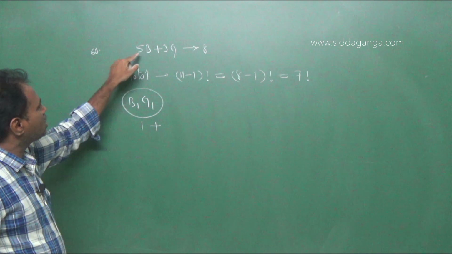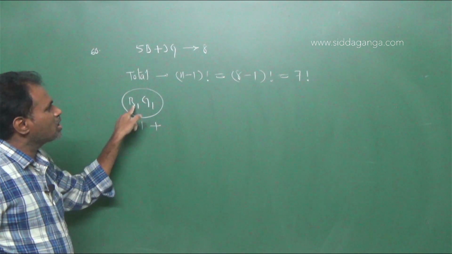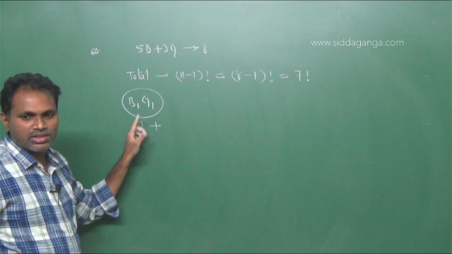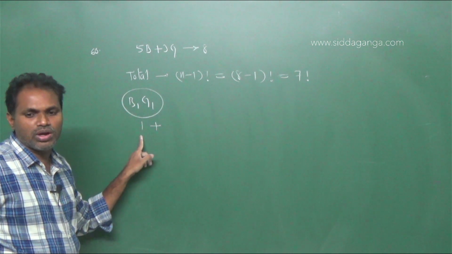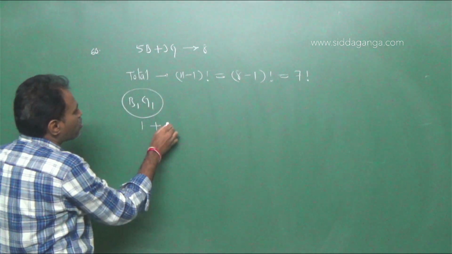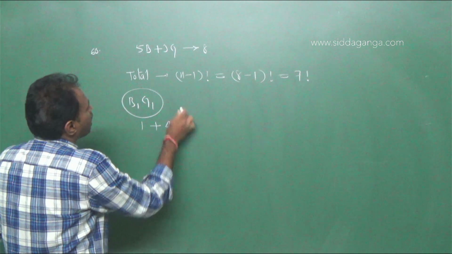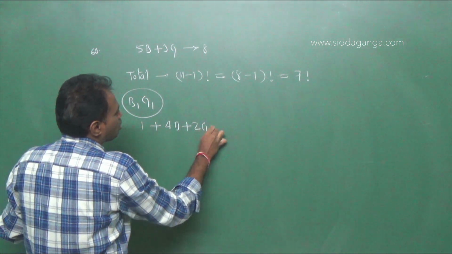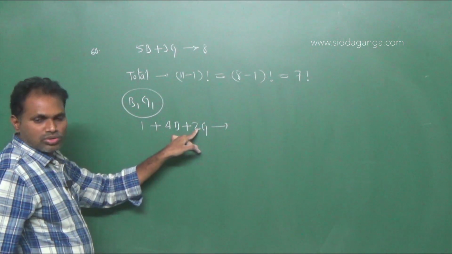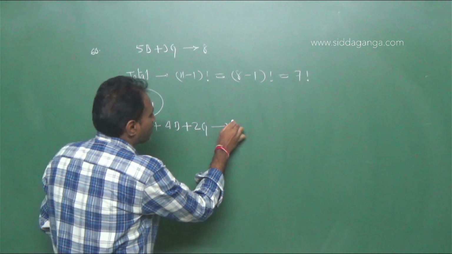Out of 5 boys, 1 boy and 1 girl sit adjacent, so I take those two as one bundle. Remaining 4 boys and 2 girls, total 4 plus 2 is 6, plus 1 is 7.